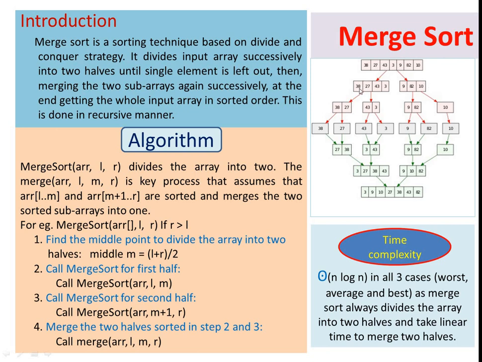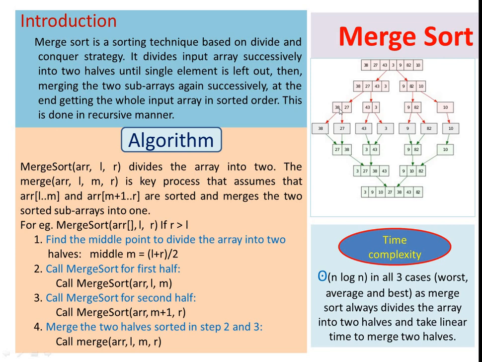Now again this is a call to merge sort with this as the input array, with lowest index 1 and upper index 4. Again it follows the whole algorithm and calls merge sort.